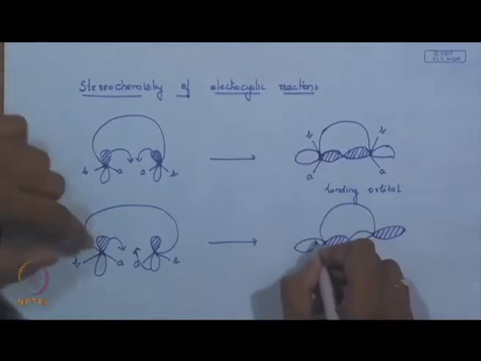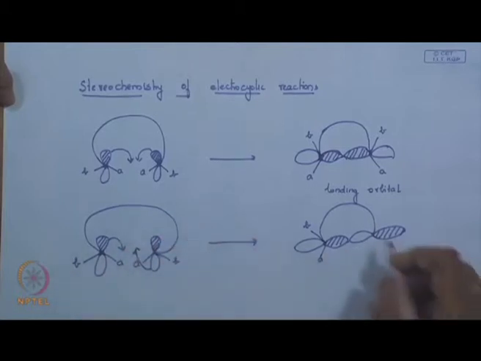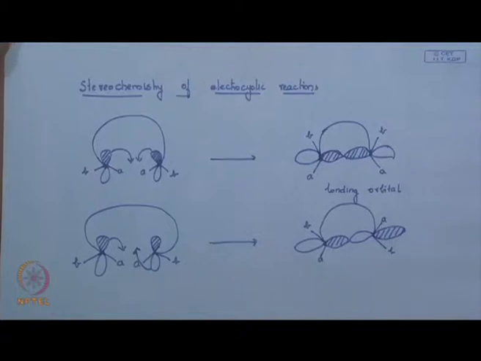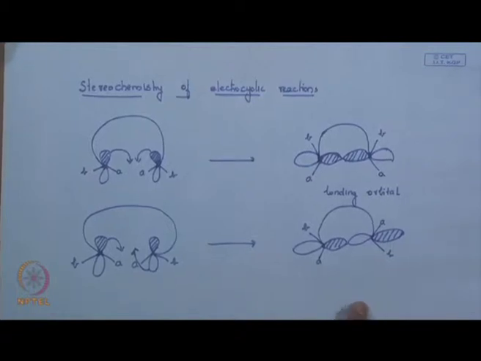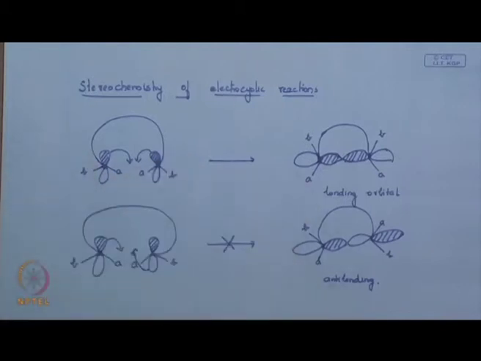My B should be here and my A should be down, and I am flipping this guy up. So, my A should be up and the substituent B should be down. But this is an anti-bonding interaction, so this is not going to happen. So, this is the only approach which gives me a sigma bond.